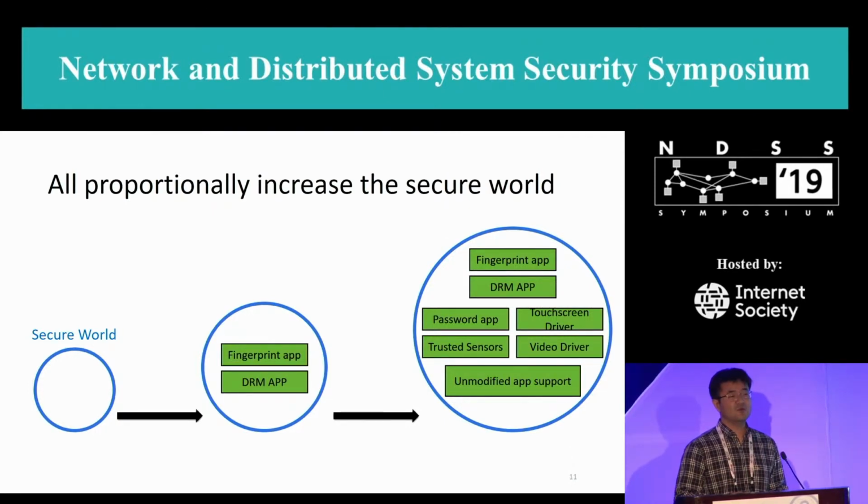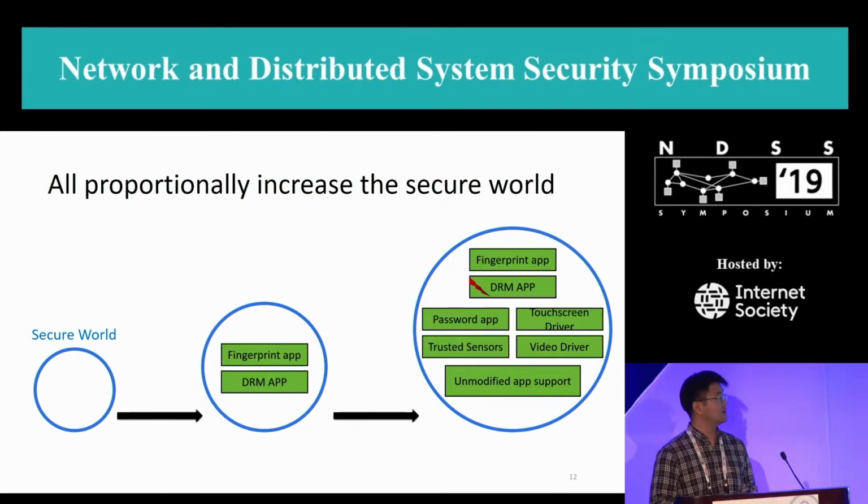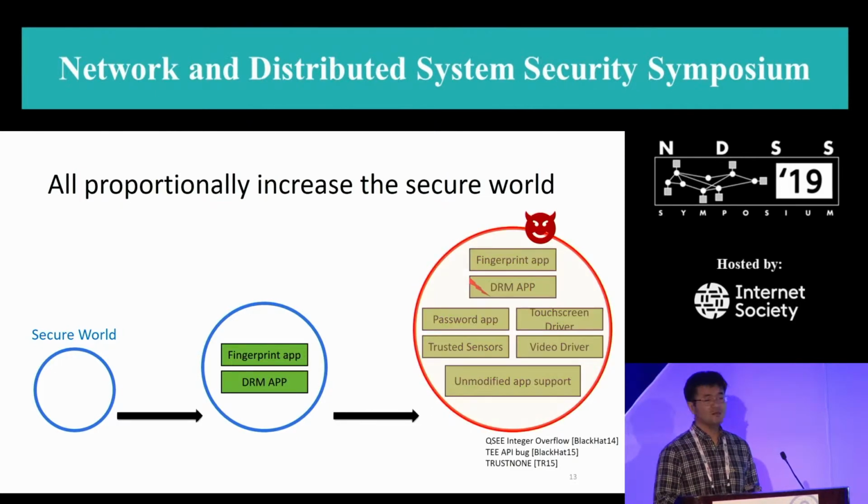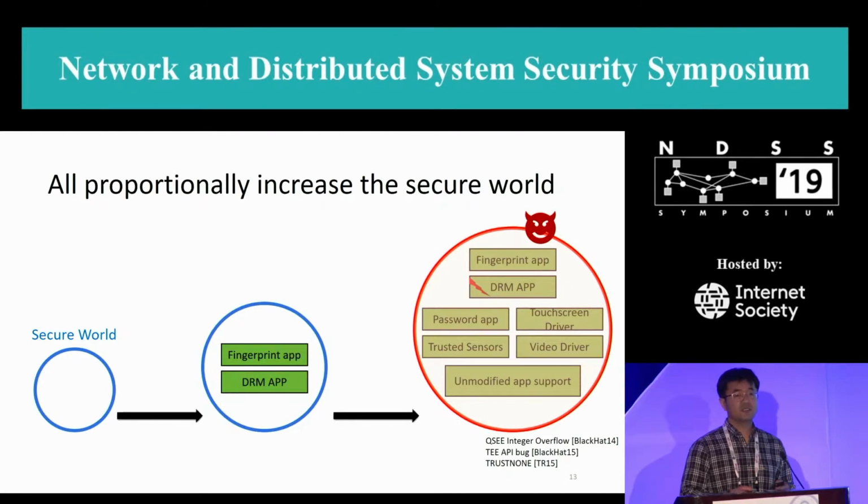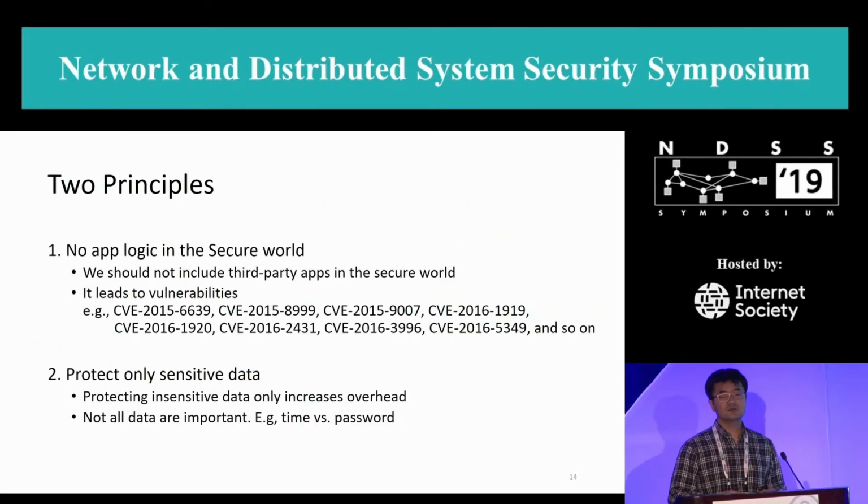The biggest problem is they increase the attack surface of the secure world by putting more and more applications into the secure world. And if one of the applications has a vulnerability and it is exploited, then the whole secure world can be compromised.